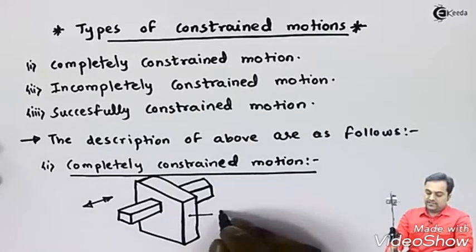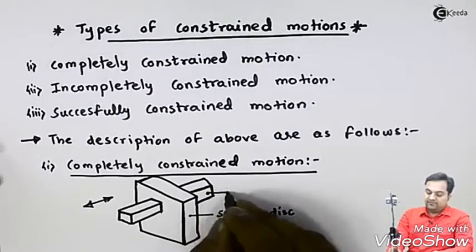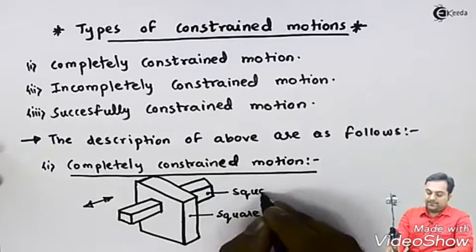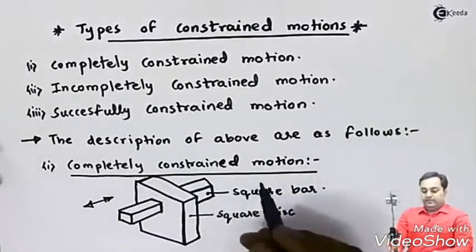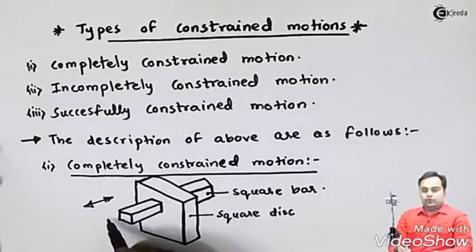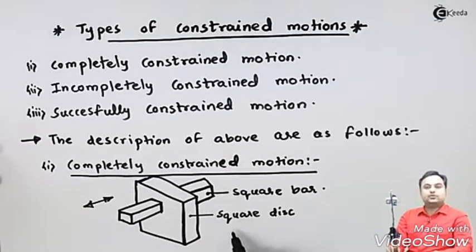Here we are saying that this is a square disc, and here we have a square bar. Now, in whichever direction we apply the force to the square bar, it will only reciprocate inside this square disc.